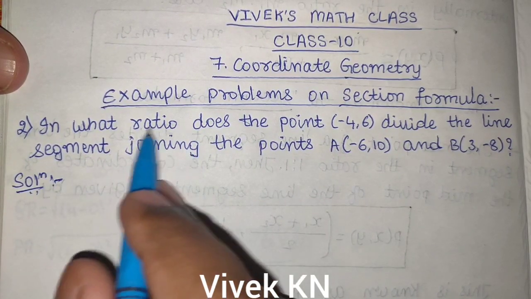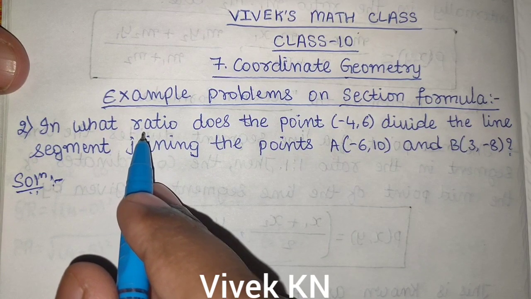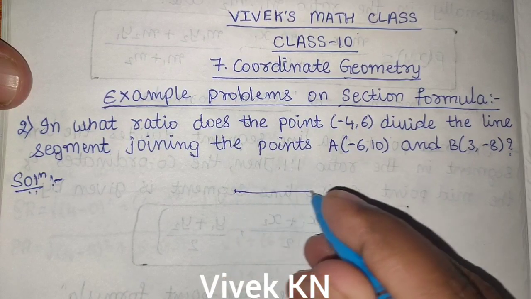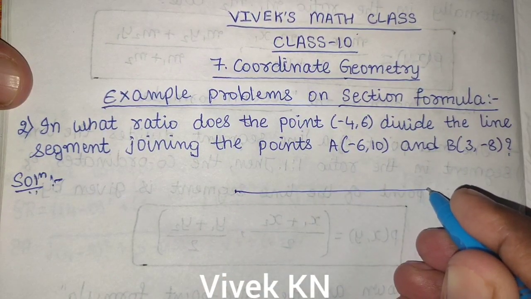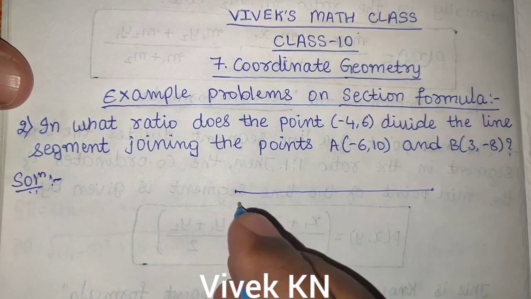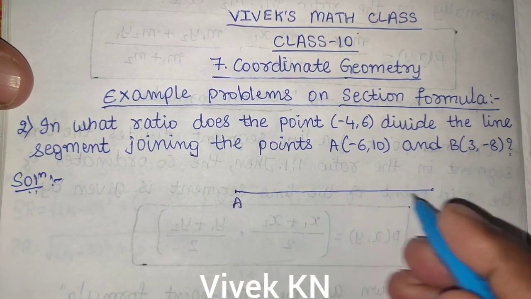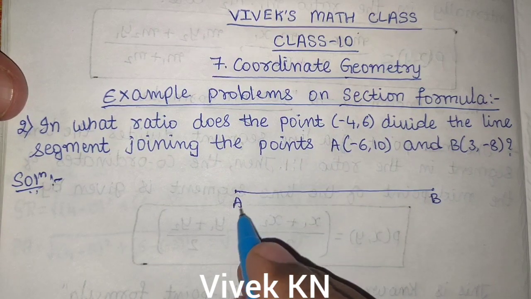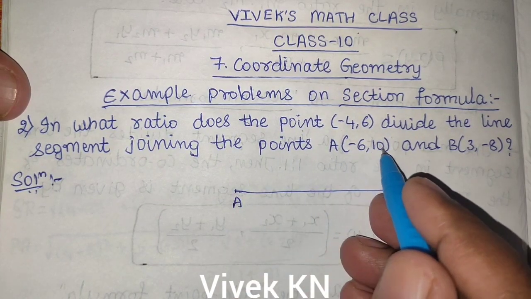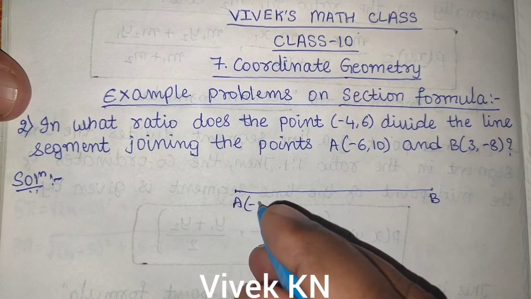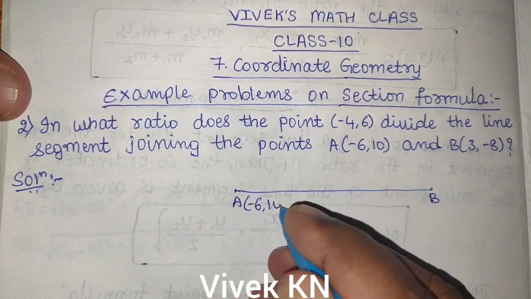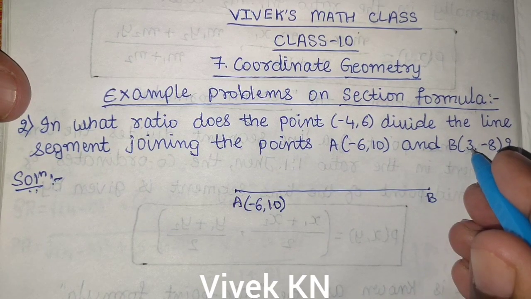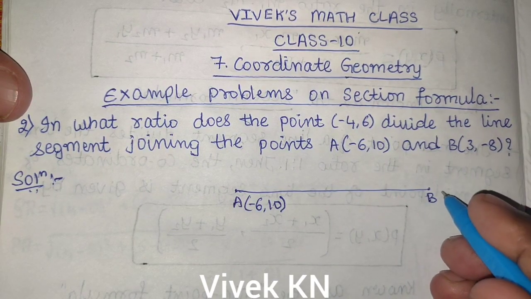To understand this problem, first we need to draw the line segment. This is the line segment AB. Here the coordinates of the point A are (-6, 10) and the coordinates of the point B are (3, -8).